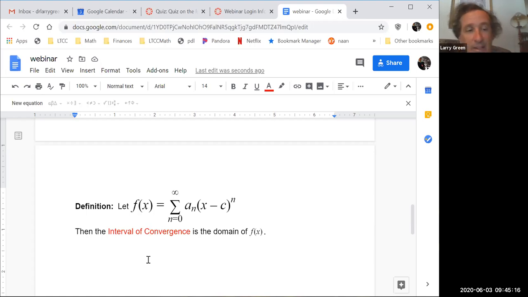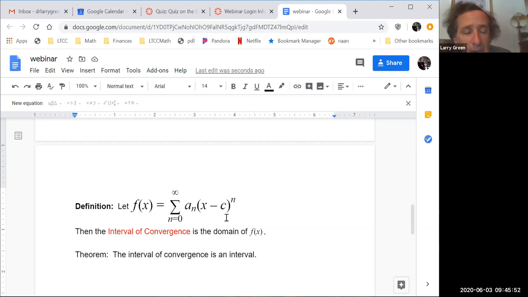So that's a theorem. Let's write it out. Even writing it out, it doesn't feel like it's saying anything, but it really is pretty deep. The interval of convergence is an interval, which is the same thing as saying the domain of any power series function is an interval.